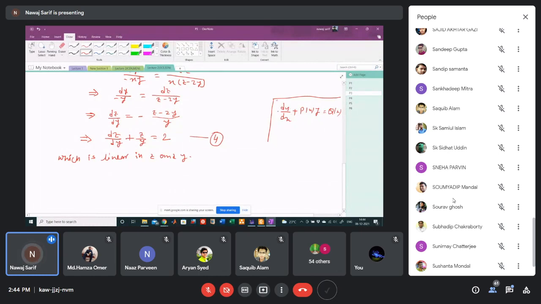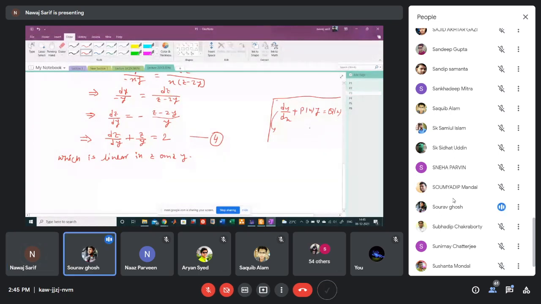When this type of equation is given, how will you find the solution? Can somebody tell me? You have learned this in your previous semester, I think. What will be the solution of this equation?